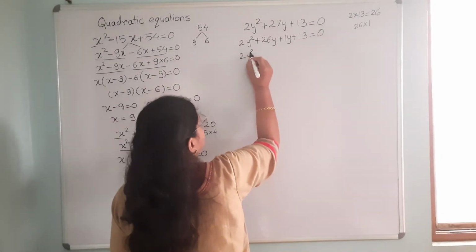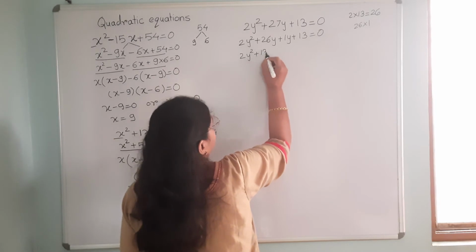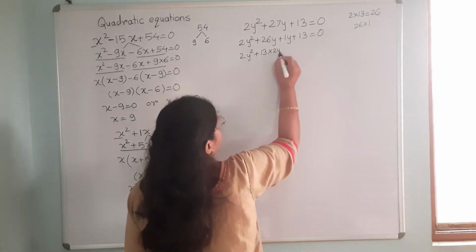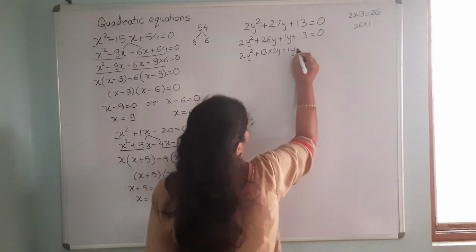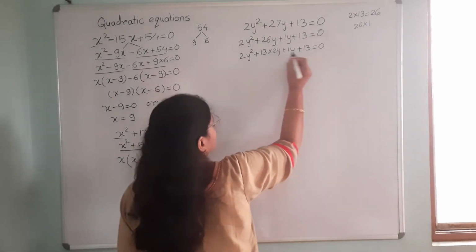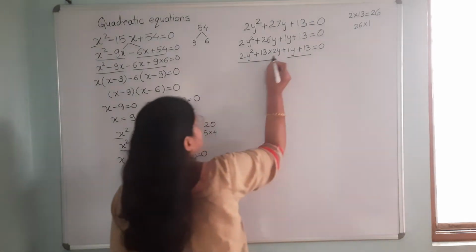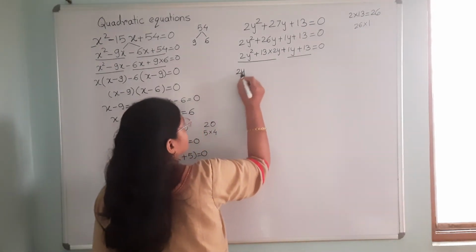2y square. 26 is the product of 13 and 2. So we can write 13 into 2y plus 1y plus 13 equal to 0. Now there are 4 terms. We will make groups of 2 terms. 2y should be taken common.